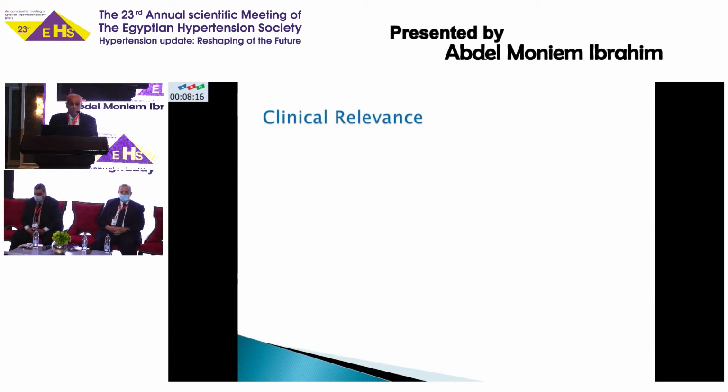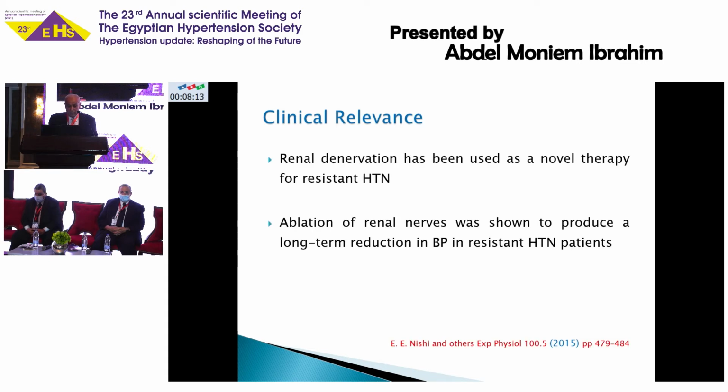Clinical relevance. In 2015, renal denervation was used as a novel therapy for resistant hypertension. Ablation of the renal nerves was shown to produce a long-term reduction in blood pressure in resistant hypertensive patients.